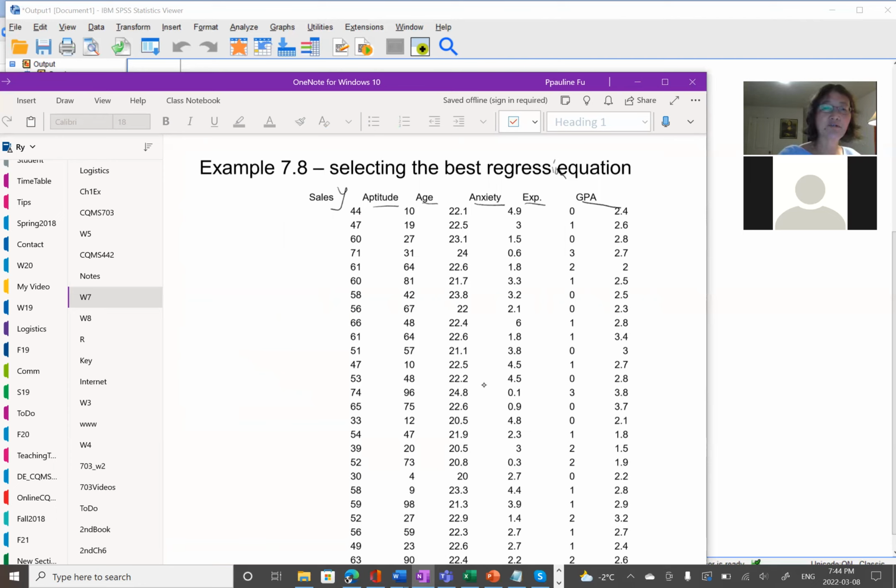And then select Automatic Linear Model. In order to use automatic linear model, proper measurement is required. So SPSS needs to scan data. So you just click scan data.